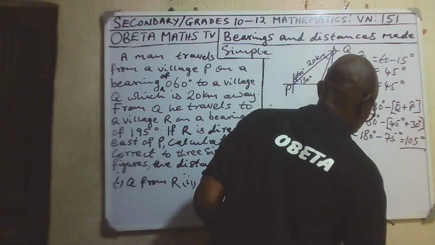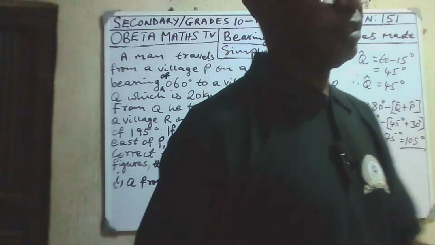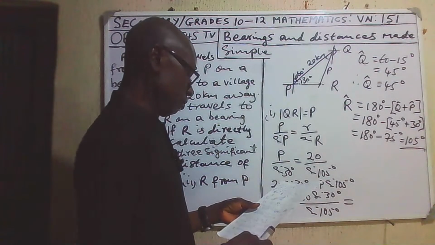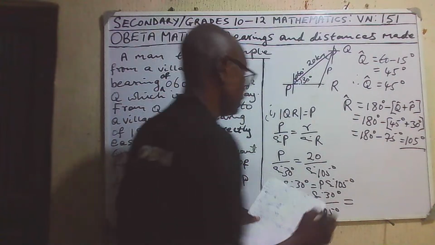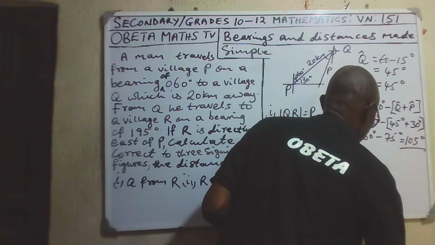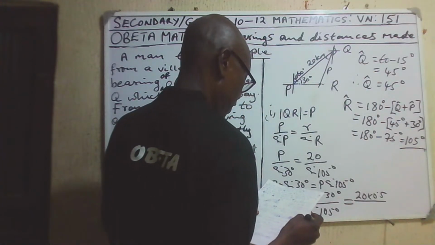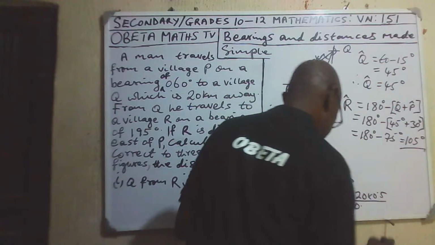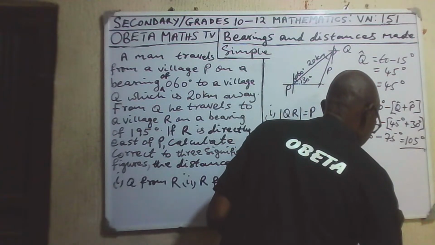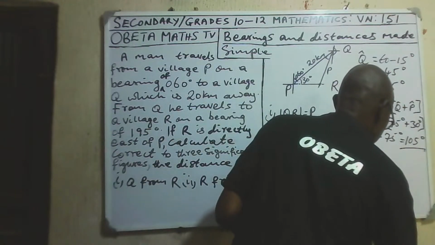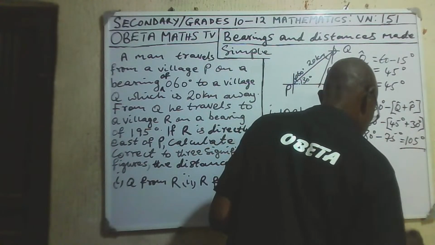And then in continuation, you check your calculator, and if you do that, we have 20 multiplied by 0.5 all over sine 105, which is 0.965925826.